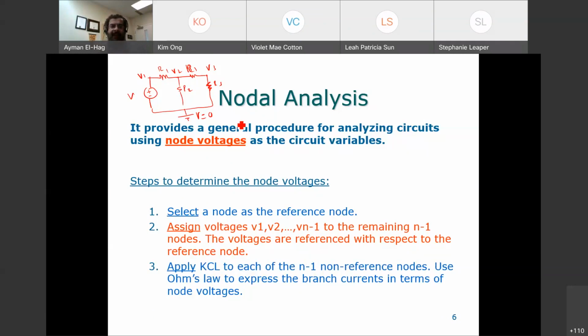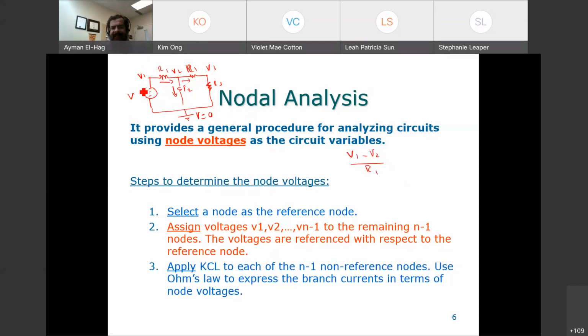Meaning, if I have this node, this is a current entering here. Ground is a voltage equal to 0, and a current like this, and a current like this. So this current is equal to this plus this. How will I represent this current? I will represent it as V1 minus V2 divided by R1.